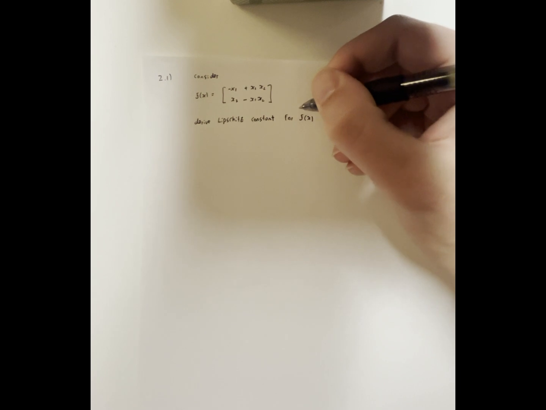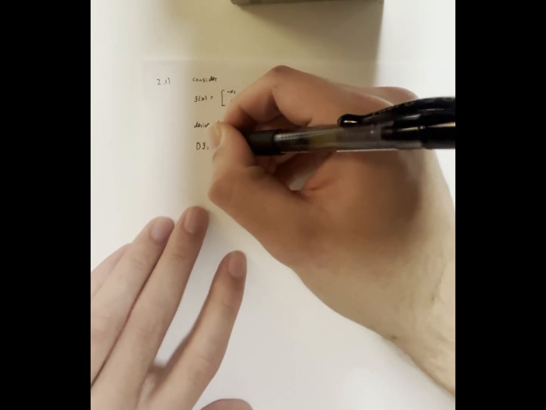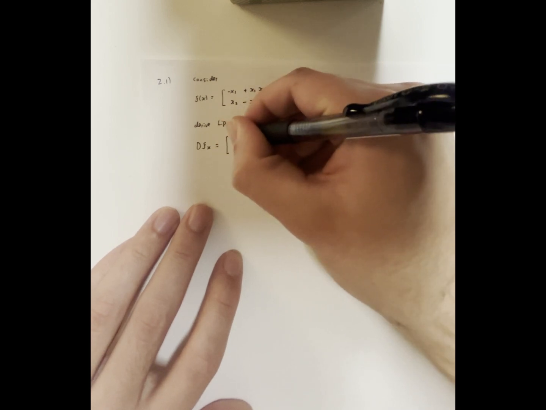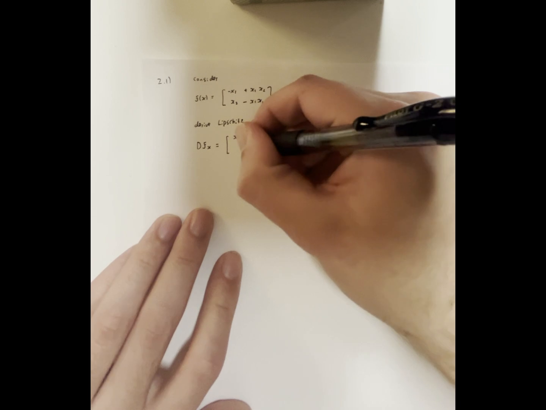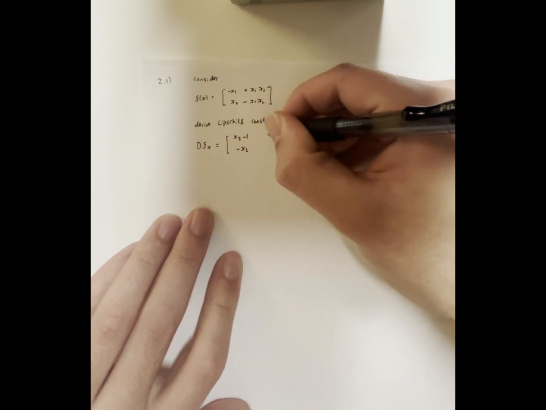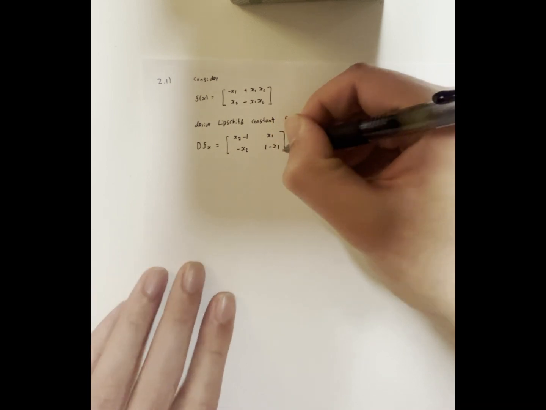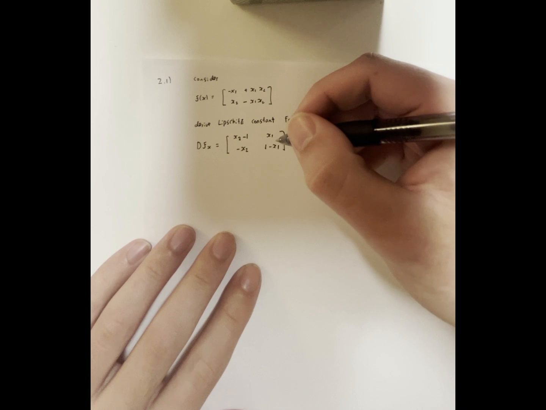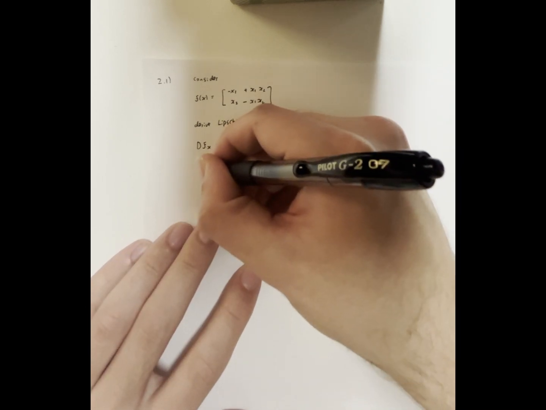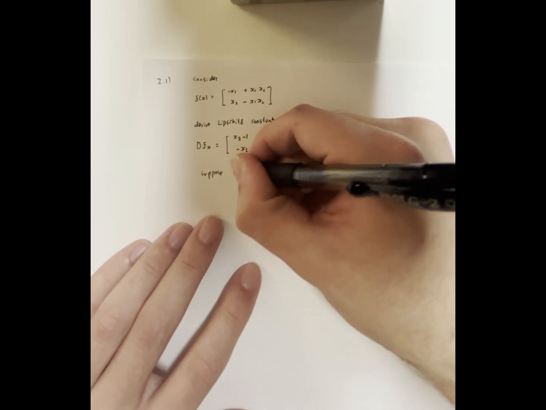Taking the Jacobian of this vector with the 4 partials with respect to x1 and x2 and f1 and f2, we get the following Jacobian. We know that the vector x has to be less than r, therefore both entries x1 and x2 are less than r.